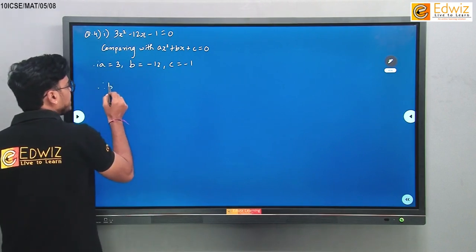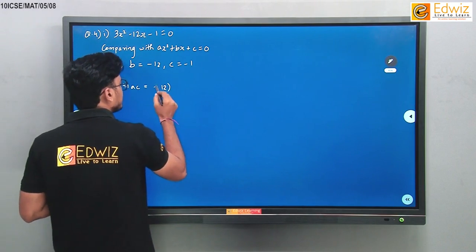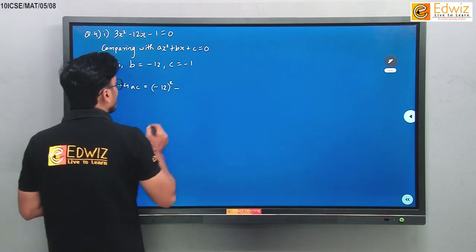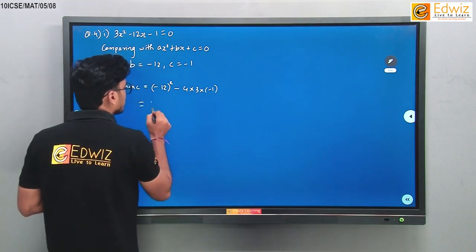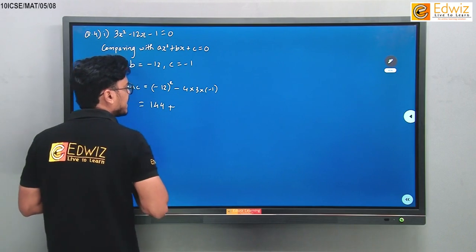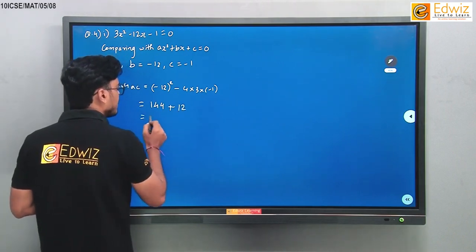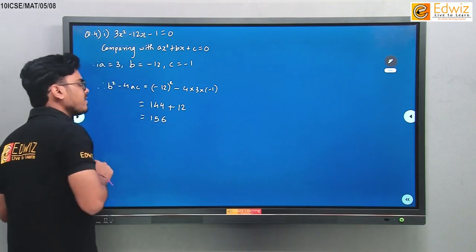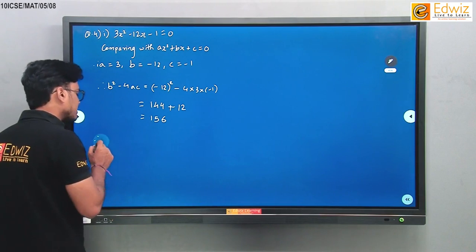So next step, find the value of b square minus 4ac, that is minus 12 square minus 4 into 3 into minus 1. Okay, so 144 plus, because it is minus and minus, multiplication will be positive, 12, 156 is the value of b square minus 4ac.